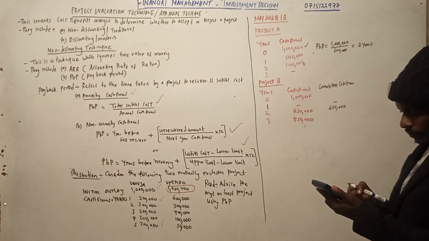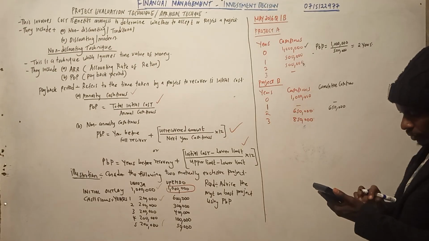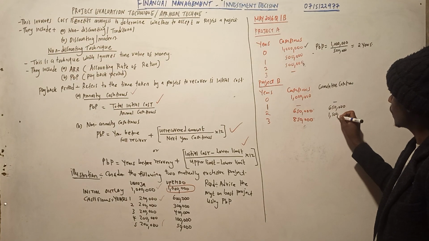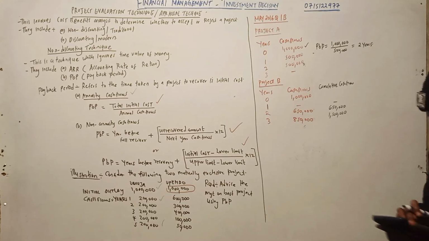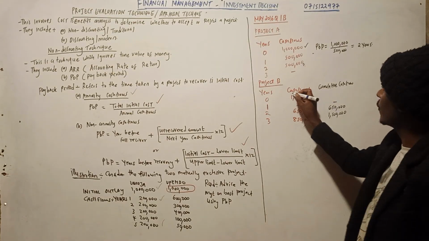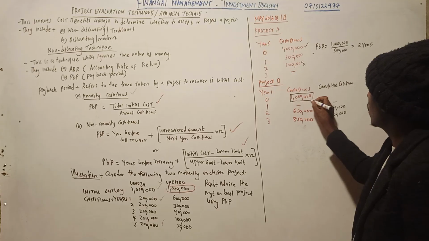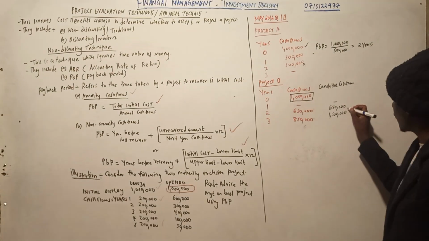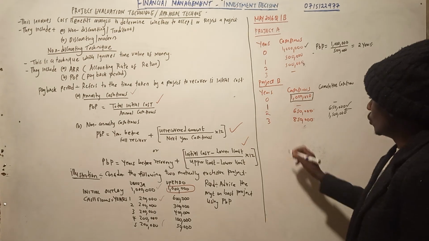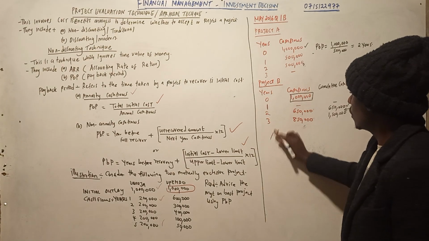Then 650,000 plus 850,000 is 1,500,000. Now, the year of recovery. Remember, we are supposed to recover 1 million. So the year of recovery is in between, year 2.